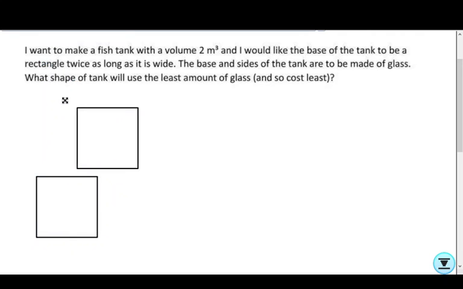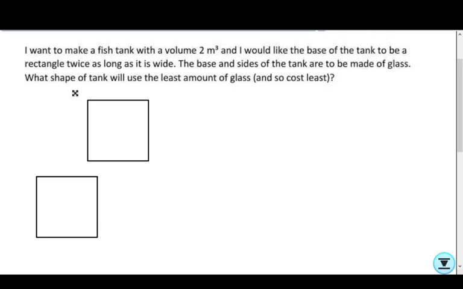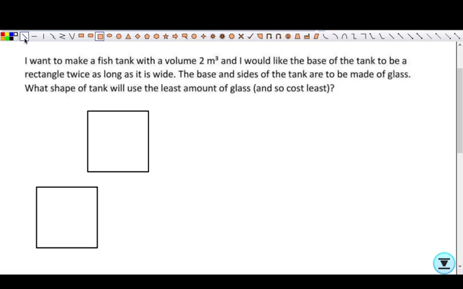Okay, so basically we have something that looks like this. Connect these. All right, so here's my tank.